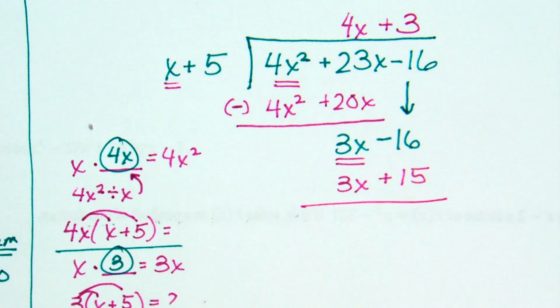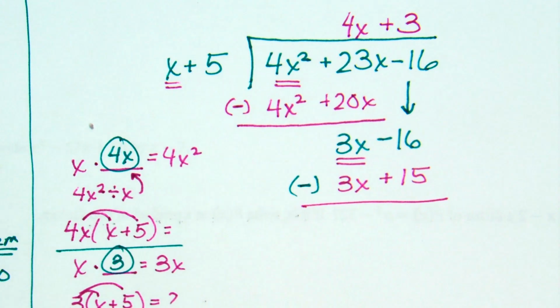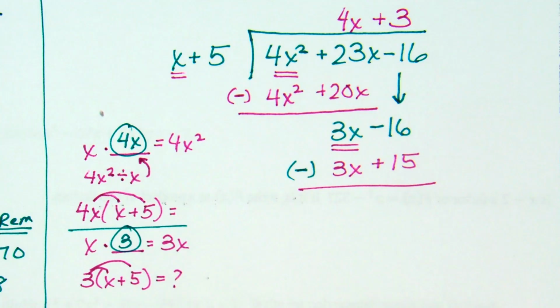And I'm going to subtract. Remember, you're subtracting everything in that bottom row. 3x minus 3x. 0, as it should be. Be careful. Negative 16 minus 15.